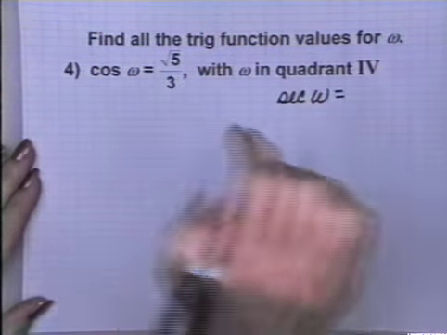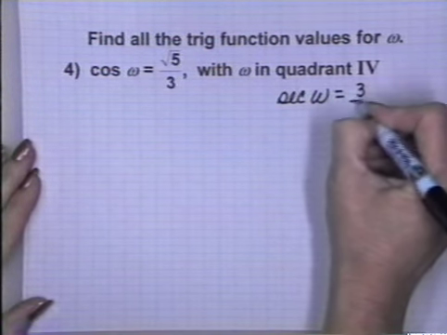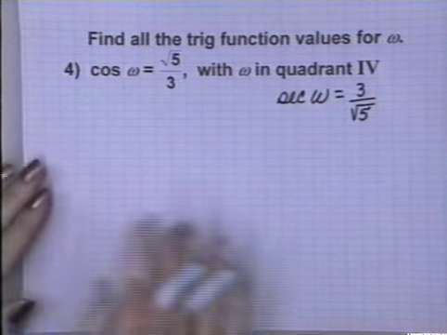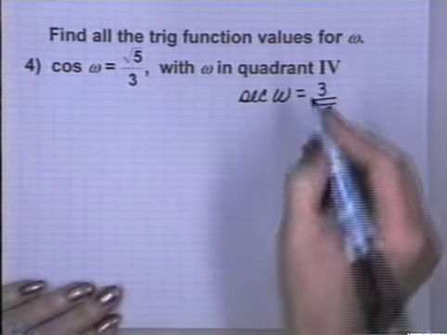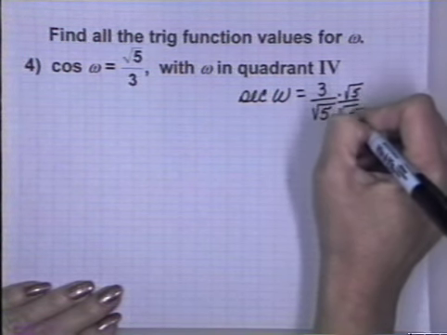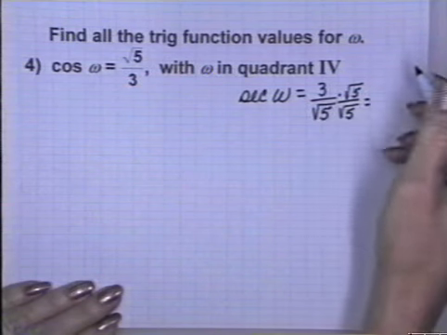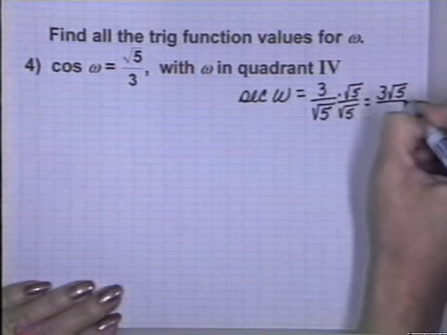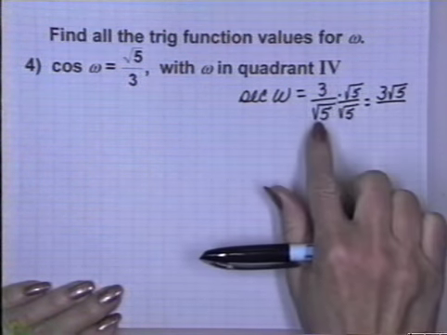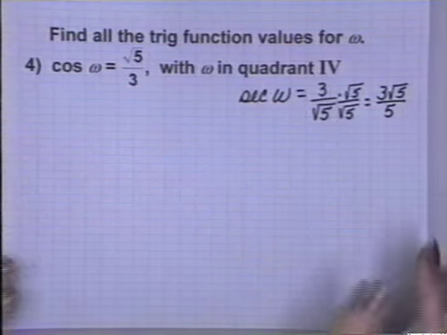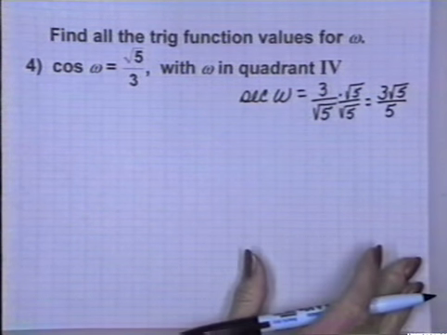It is the reciprocal, which would be 3 divided by the square root of 5. Now, I don't want to leave it like that, do I? I do want to rationalize. I will multiply by the square root of 5 over the square root of 5, and I get 3 times the square root of 5 over, and of course the square root of 5 times the square root of 5 is 5. So I've got the secant.